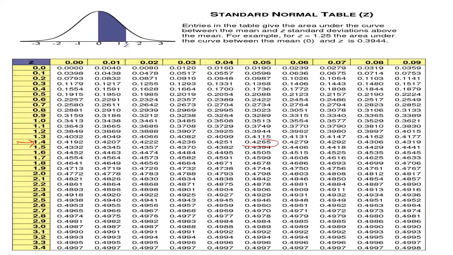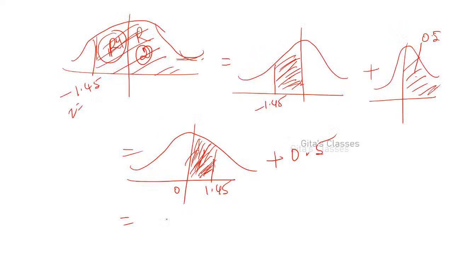This one: 0.4265. So 0.4265 plus 0.5. Therefore 0.9265 is the answer.